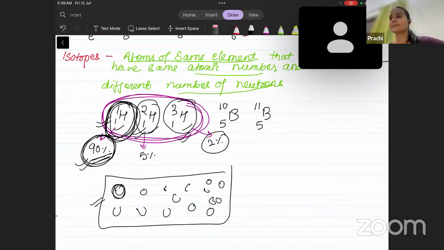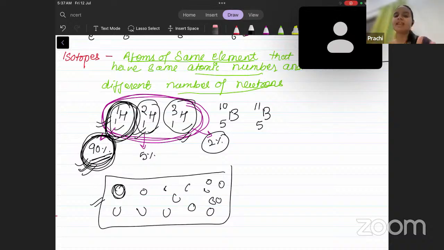So the percentage that is given to you will tell you what is the percentage of this isotope that will exist in nature.